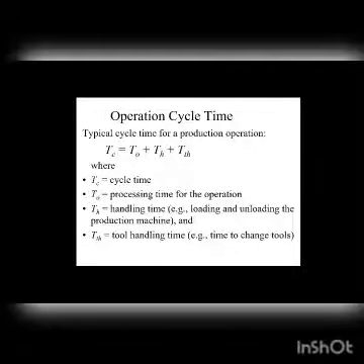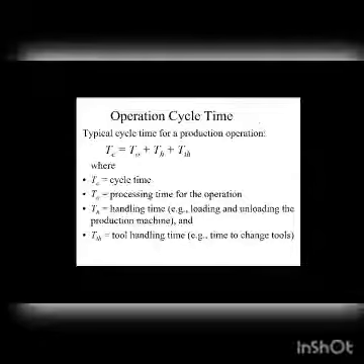So operation cycle time is the sum of the processing time for the operation, handling time, that is loading and unloading the production machine, then tool handling time. So cycle time is the sum of these three times: processing time for the operation, handling time and tool handling time. All these three put together is the typical cycle time for any operation.